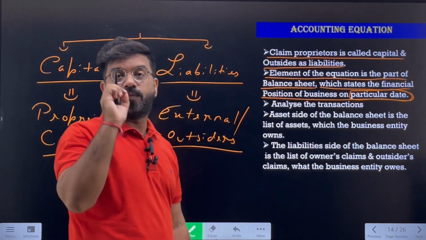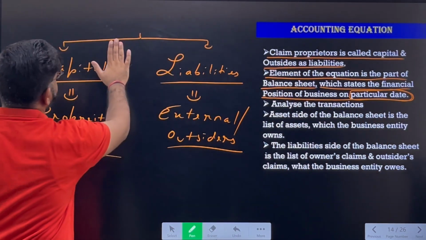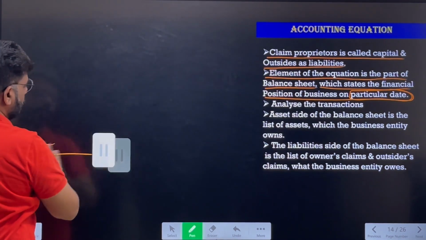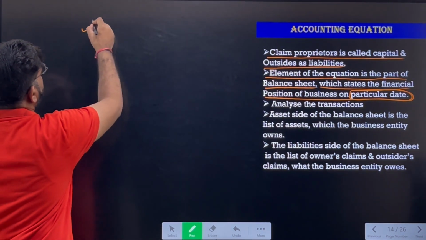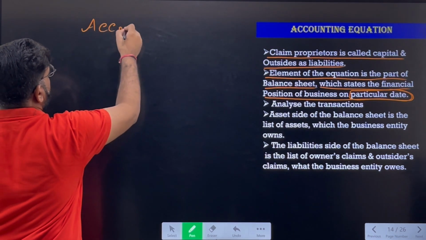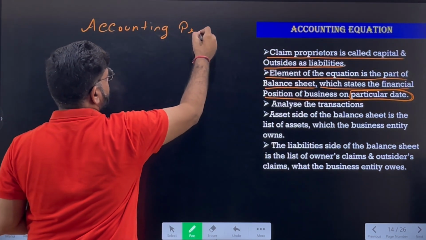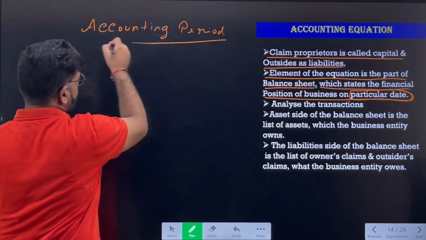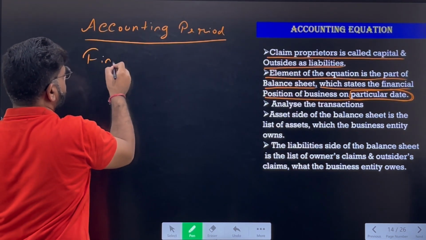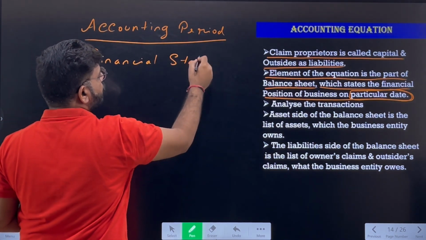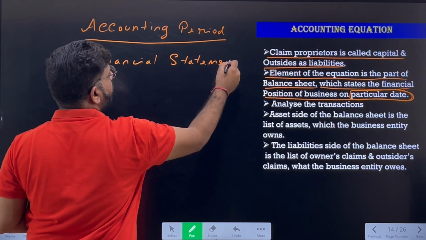Just remember this one very important point. There is a concept known as the accounting period concept. The accounting period concept simply says that the financial statements prepared by the business, by the organization, should be of a particular period.